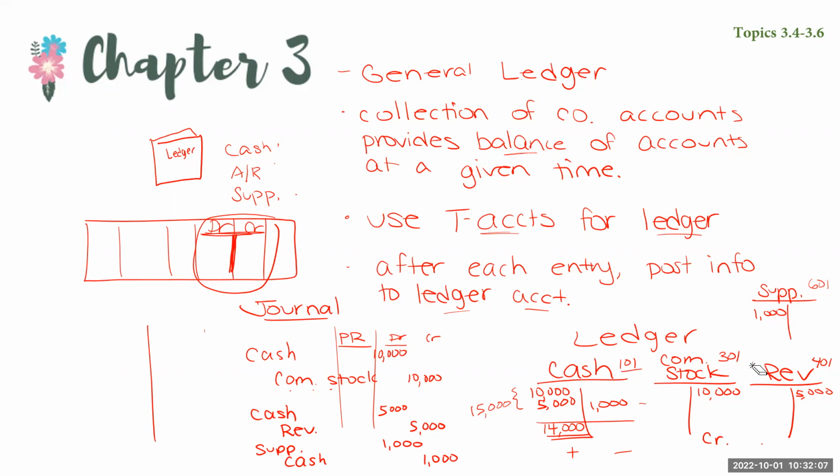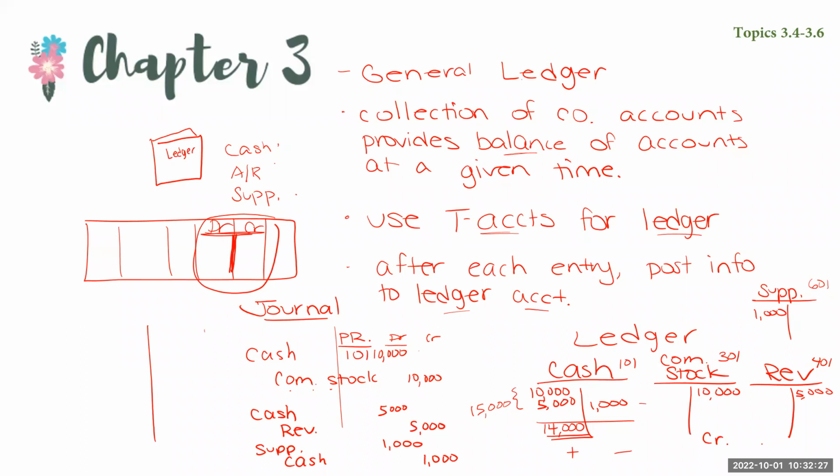Okay, so once I move it, then I put the posting reference in, which is why I said not to worry about it yet, because we hadn't gotten that far. This tells the reader that if they want to find the amount of 10,000, they go to account 101, and there it is.